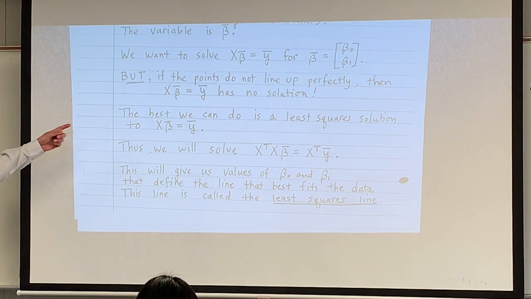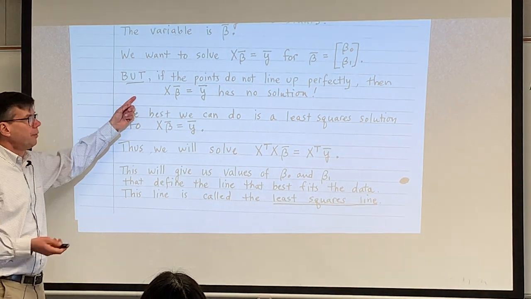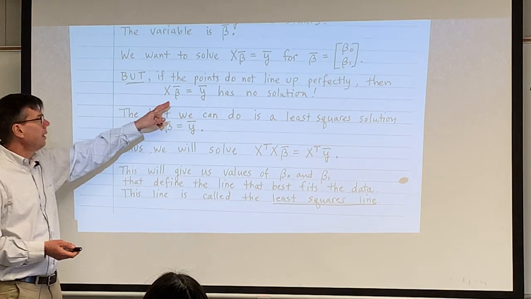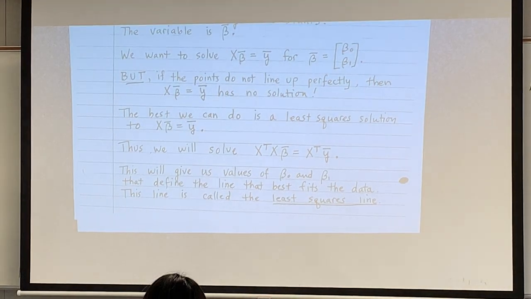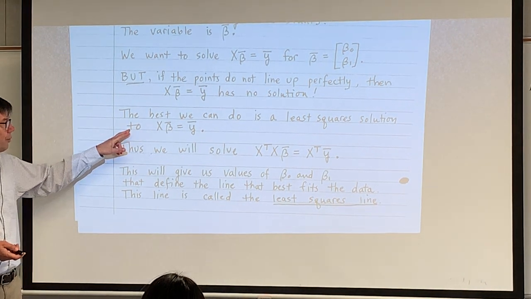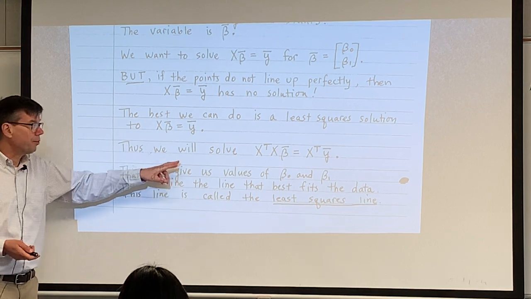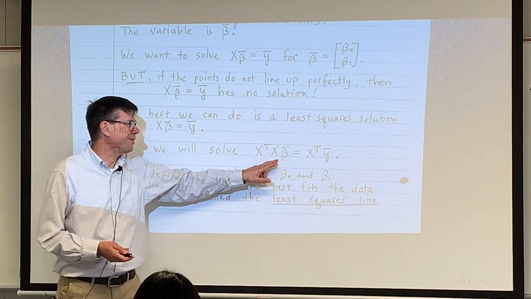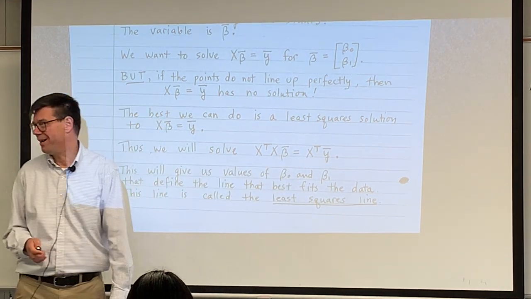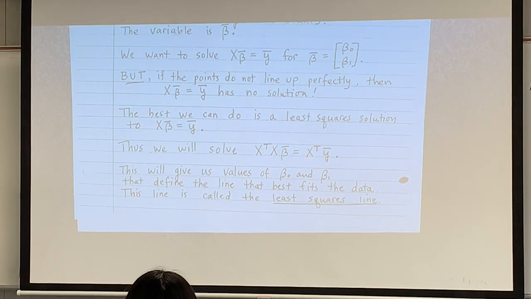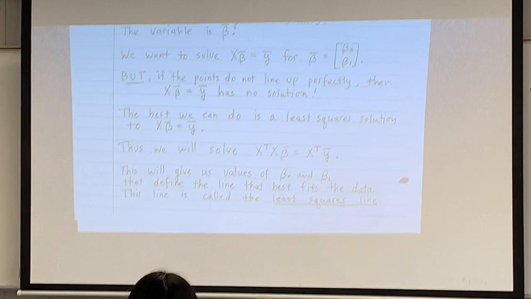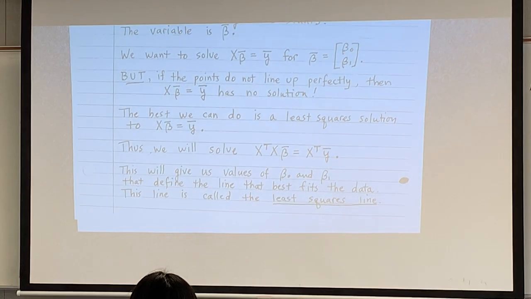But if the points do not line up perfectly, which is almost always going to be the case, then that matrix equation has no solution. It's inconsistent. So the best we can hope to do is a least squares solution, and we know what to write down for that: X transpose X beta equals X transpose Y. So this is the least squares equation that we can solve for beta 0, beta 1.